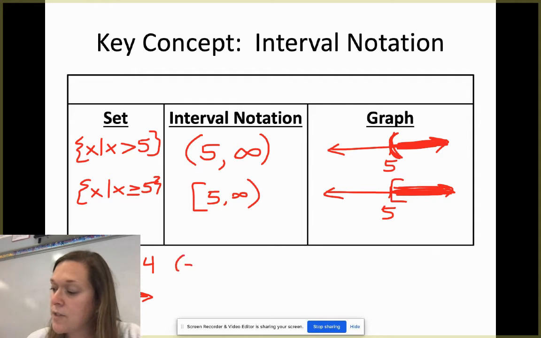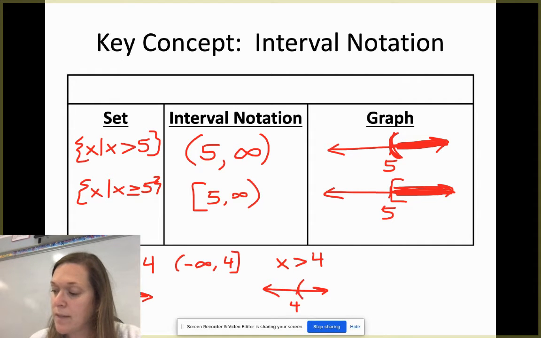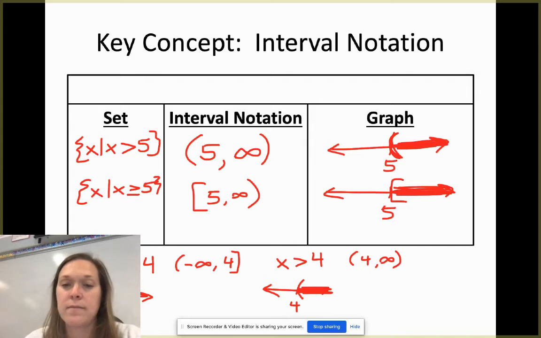So in interval notation, that would be negative infinity to 4 square bracket. So we see that? If I did x is greater than 4, well, graphing wise, putting 4 there would be a parenthesis and not a square bracket because I don't have the equals to, shading to the right. So in interval notation would be 4 to infinity.